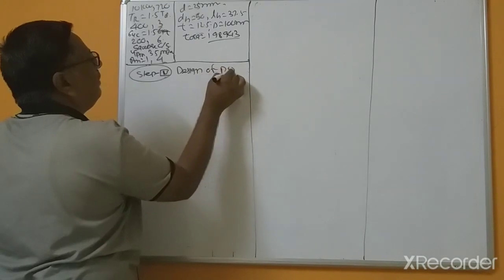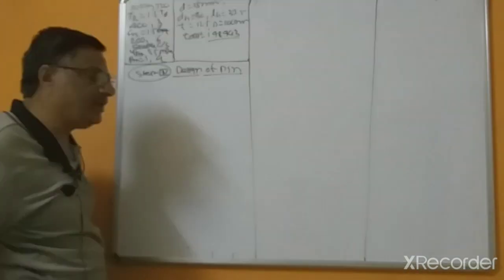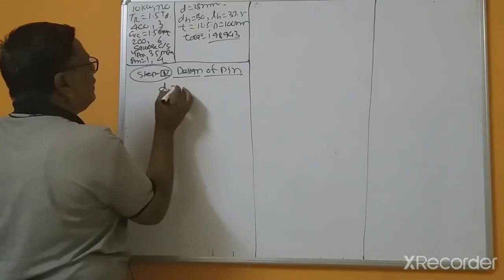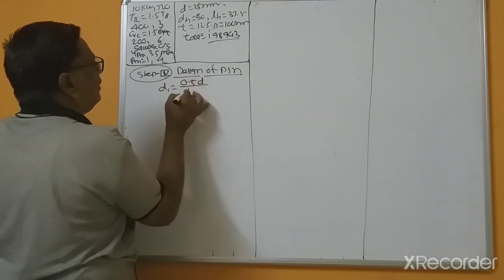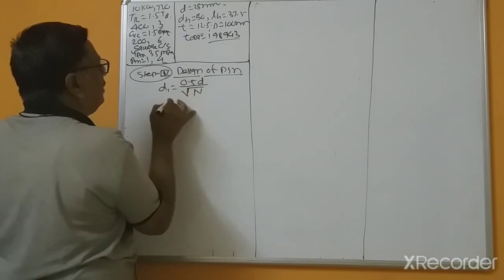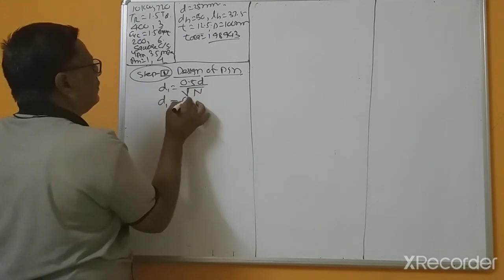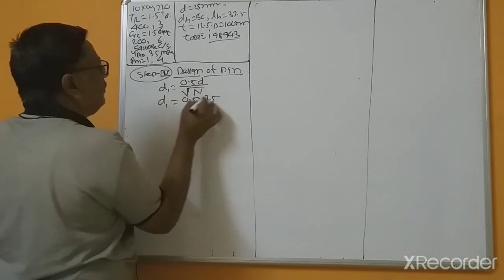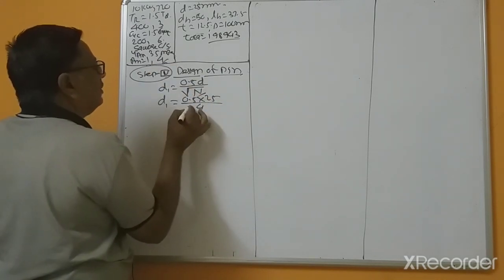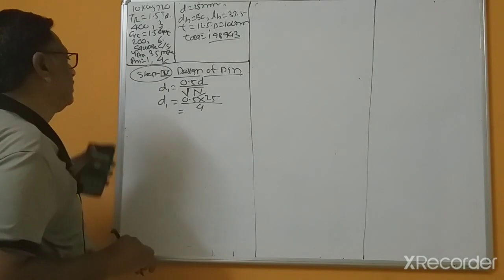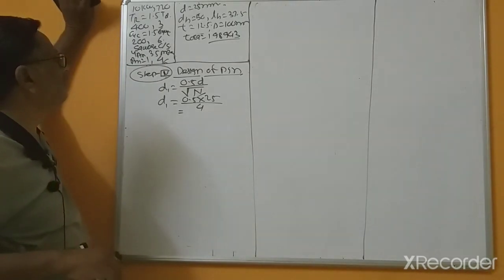Design of pin. Now by using empirical relations, D1 equal to 0.5 D divided by under root n. This is 25. Number of pins is given as 4. This is 12.5.